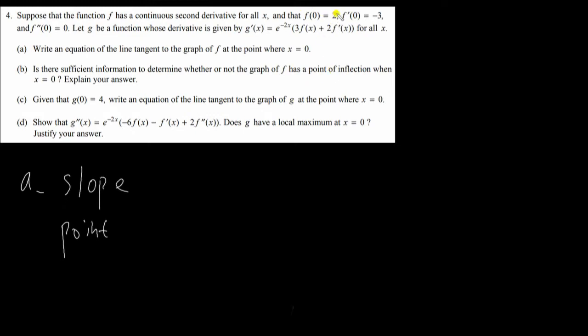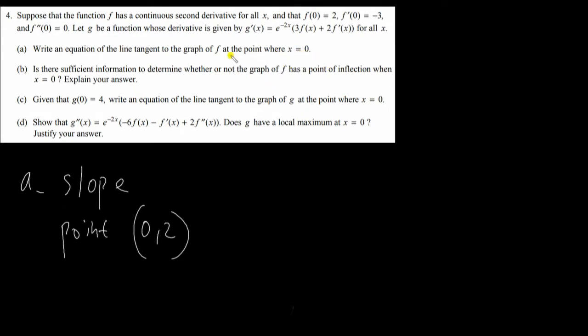Well, we know that f of 0 equals 2, so the point (0, 2) lies on the graph of f. So that's a point. And then we also want to find the slope. Well, the slope of a function is going to be its derivative at a certain point.